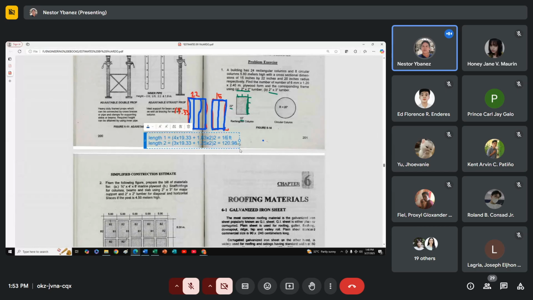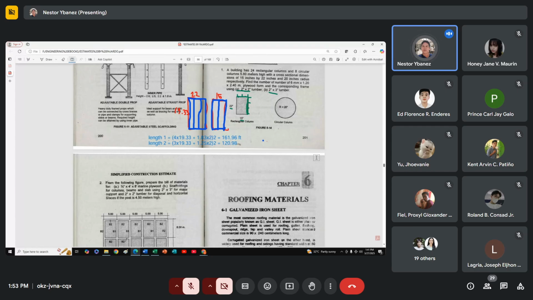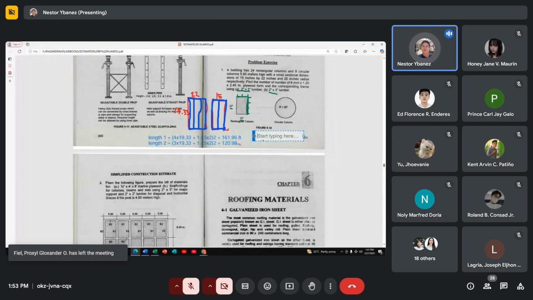We also computed that. I'll leave the practice to you. The total length will be the sum: 161.96 plus 120.98. We don't round off yet.